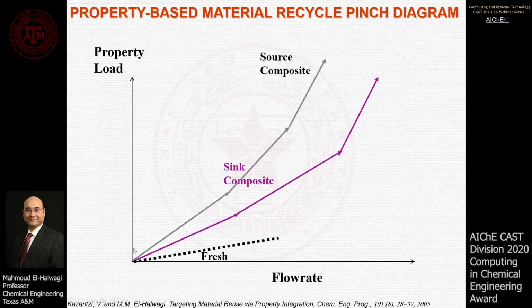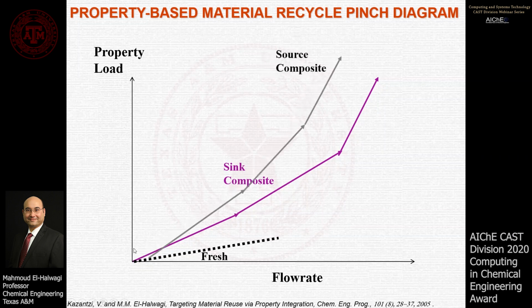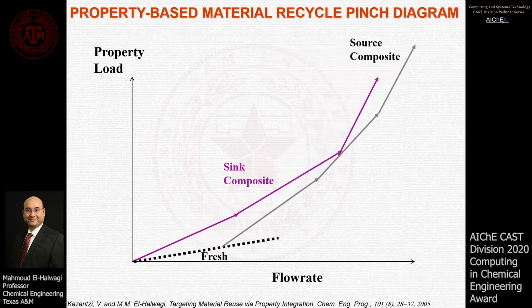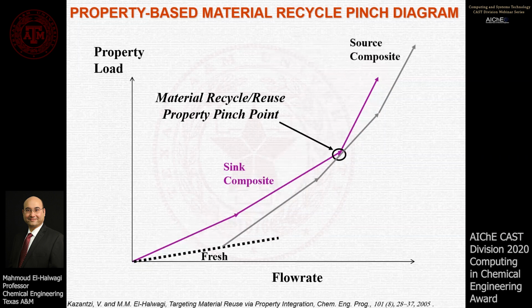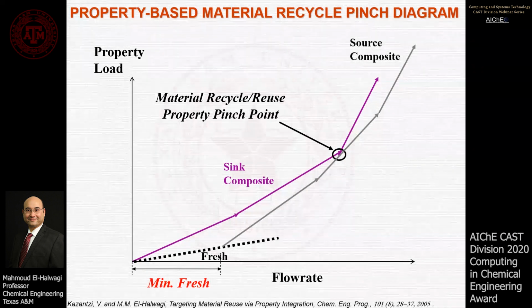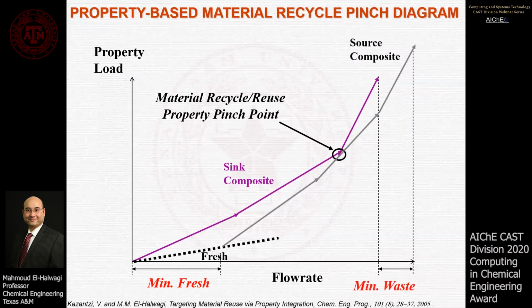You can see here we have a source composite and a sink composite. To satisfy the constraints, we move them in a certain way. As a result, we get a material recycle property pinch point, and we also determine three targets: minimum fresh, maximum recycle, and minimum waste discharge.